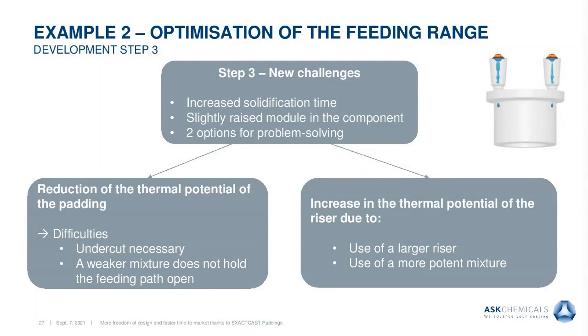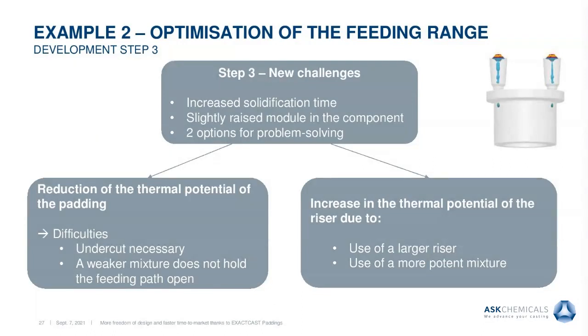Or we can also use a hotter mixture, or put more energy into the mixture of the riser. In many cases, this is the most cost-effective solution. You need no more space on the plate, so you have more or less the same riser.